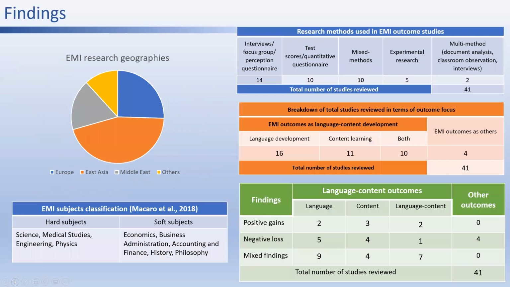So now I'm moving on to the findings. As you can see from the pie chart, my findings show that EMI research is mostly focused on East Asia and Europe, leaving the Middle East and other regions as less represented areas.